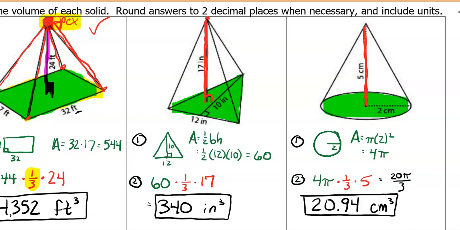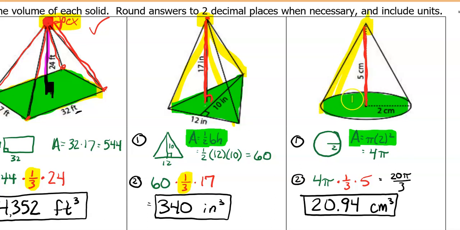In each case, you can see I highlighted the base in green, and I found the area of the base, depending on what shape it was. Here it was a triangle, and then we had a circle. And then once I knew the area of the base, I multiplied it by 1/3, because we were dealing with a pyramid. Everything goes up to an apex.